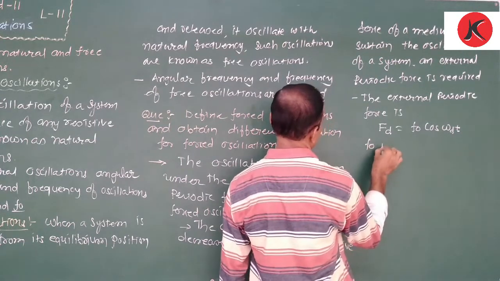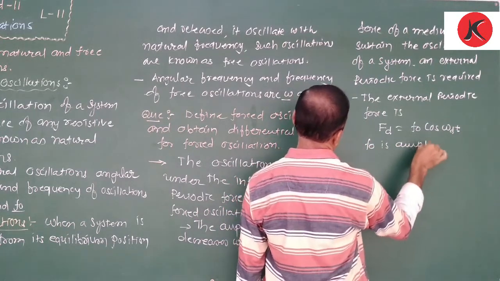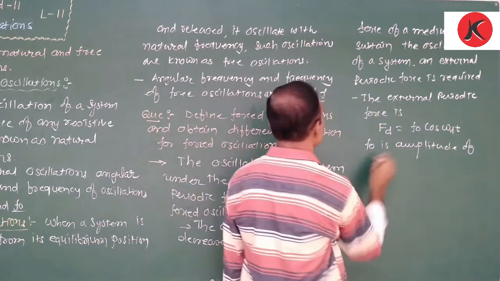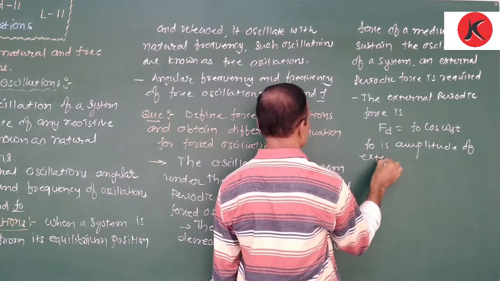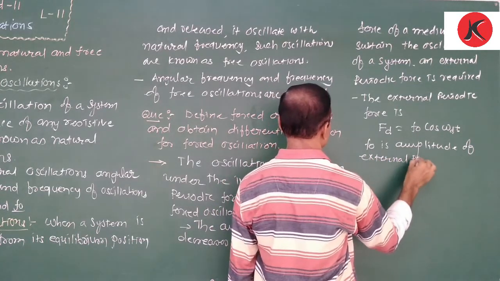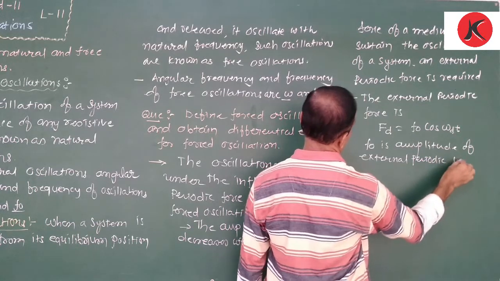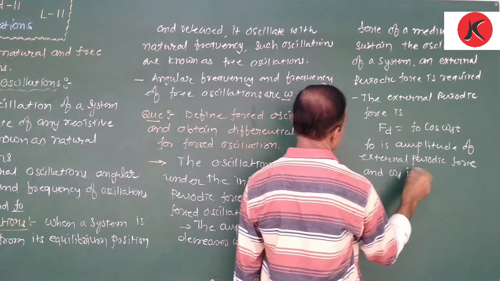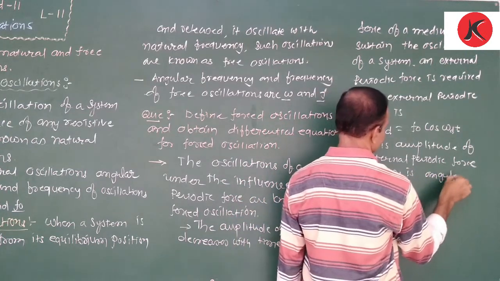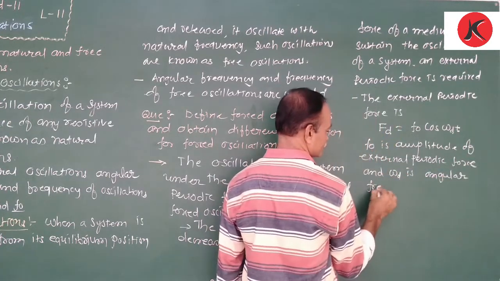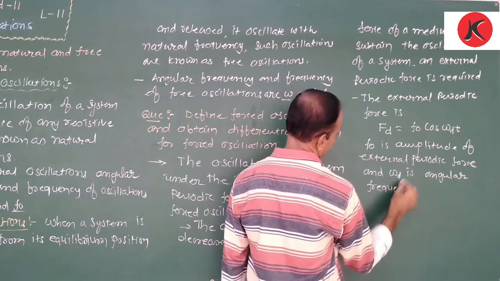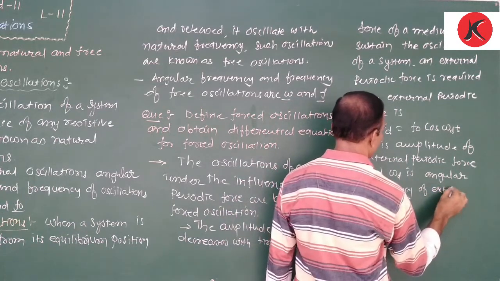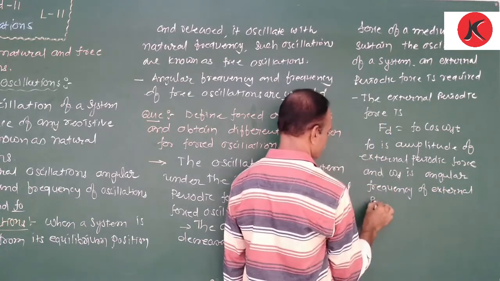F0 is the amplitude of the external periodic force, and omega d is the angular frequency of the external periodic force.